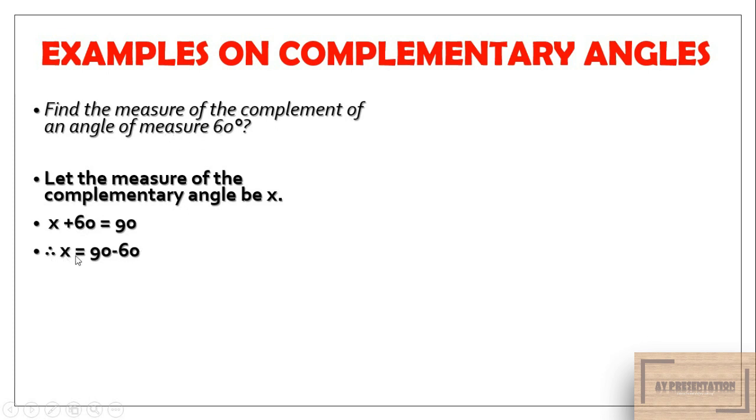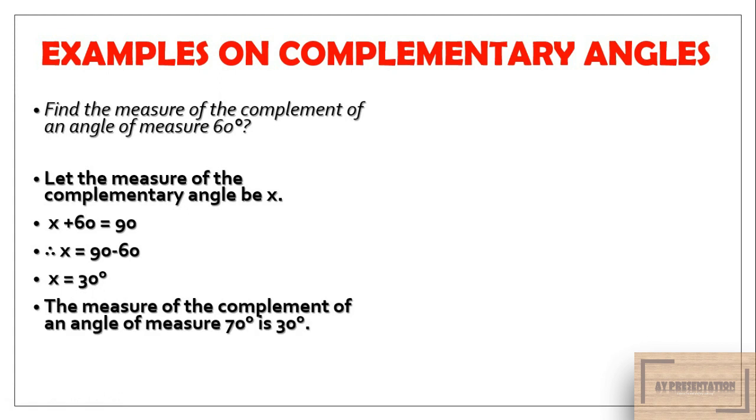Therefore x is equal to 90 minus 60, moving 60 to the other side and changing its sign. So x is equal to 90 minus 60, which is 30 degrees. So the measure of the complement of an angle of measure 60 degrees is 30 degrees.